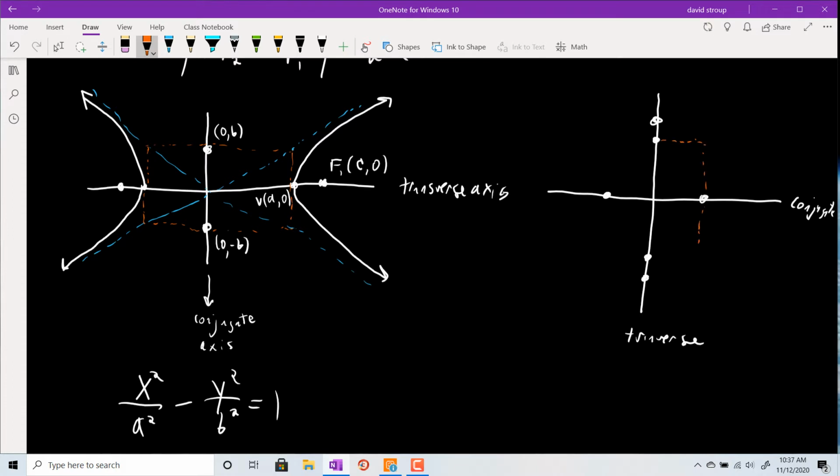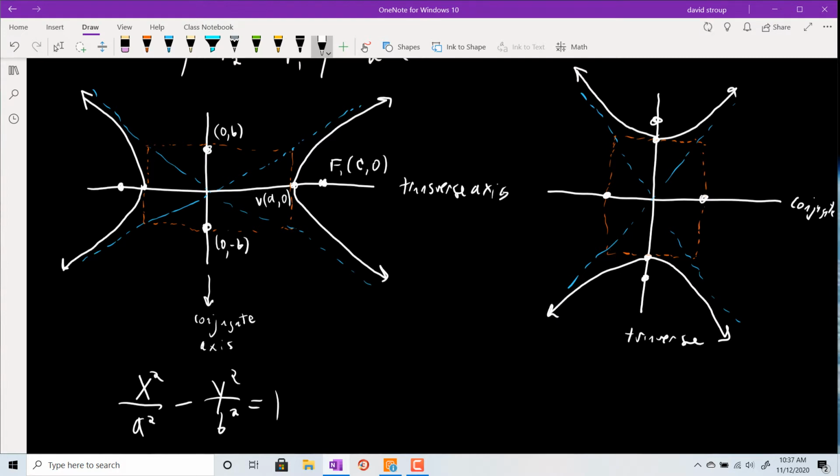Then you want to do your box, and then draw the asymptotes through the corners of the box, like this. And then you could draw your branches, and in this case, branches will go on the y-axis, looking like this, conforming to the asymptotes.